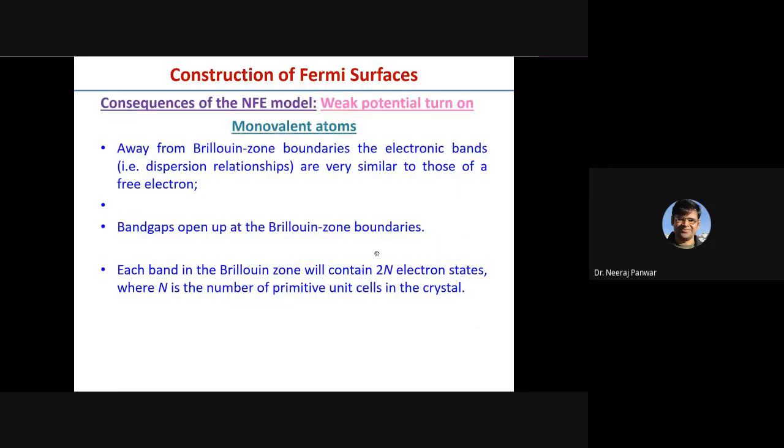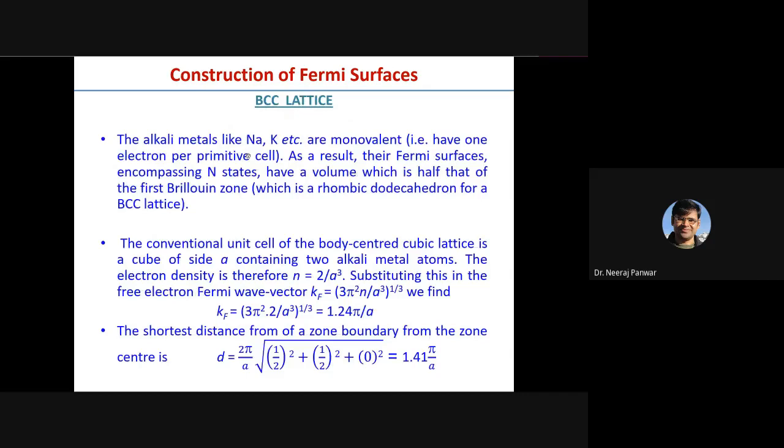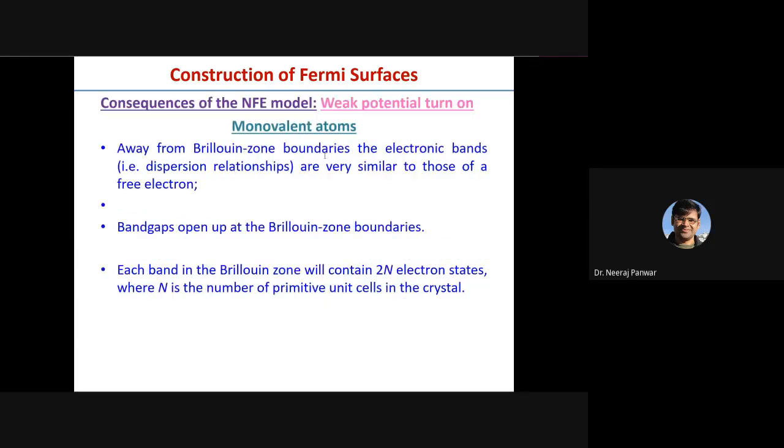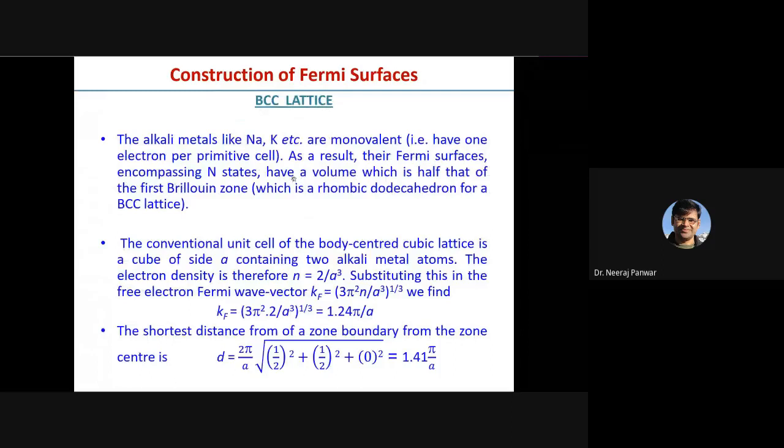What we are saying is that the first Brillouin zone can hold 2N electrons, and since monovalent metals have only N electrons, only half of the k states would be occupied. Therefore, the volume of the Fermi surface would be half that of the first Brillouin zone.